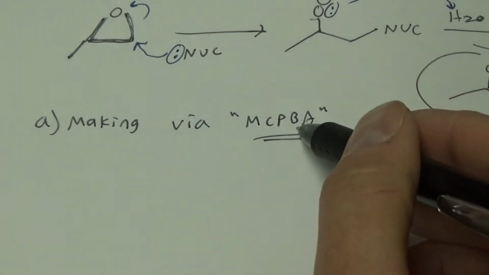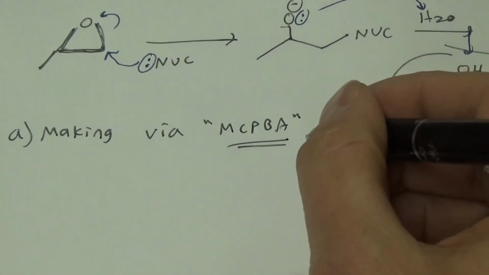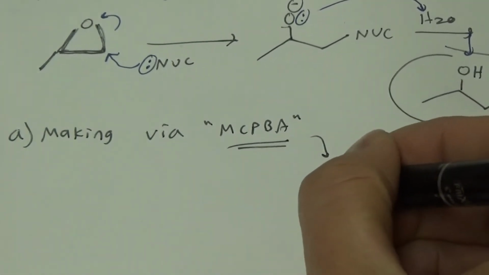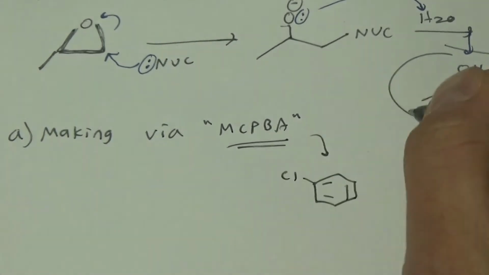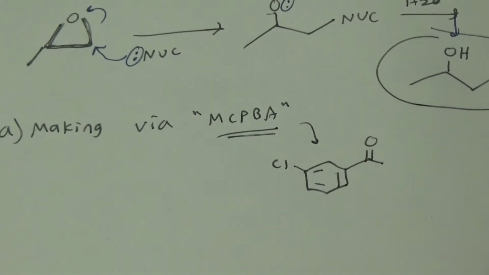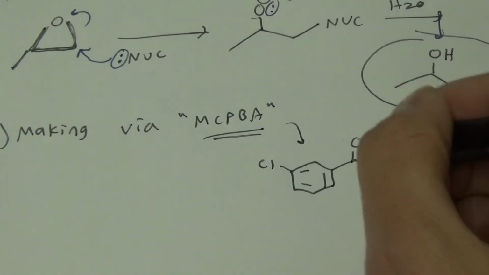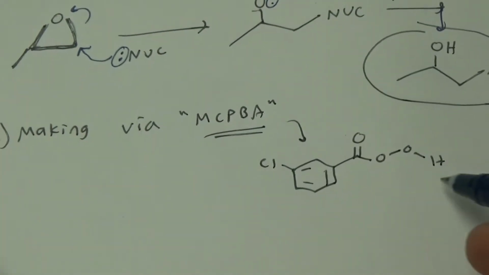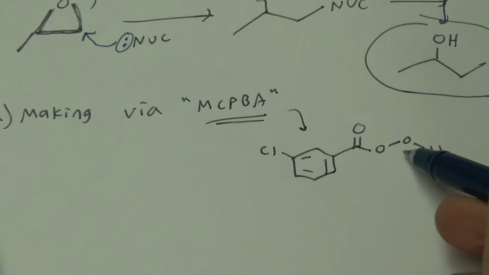What is mCPBA? mCPBA is this molecule. It has chlorine, a benzene with a C double bond O, and then this is kind of a weird functional group you've never seen before. It's kind of like a carboxylic acid, but with an extra oxygen.